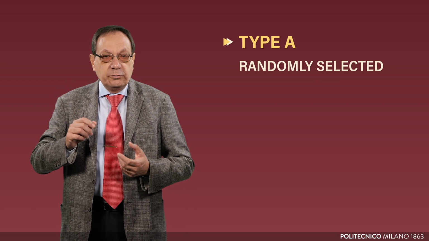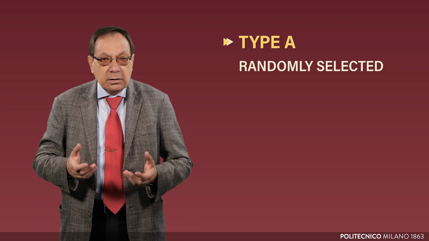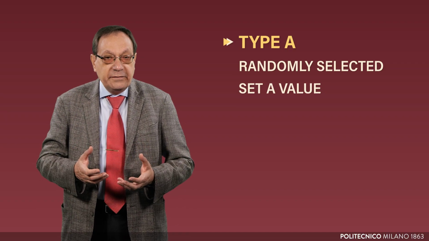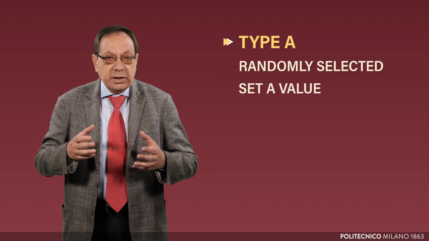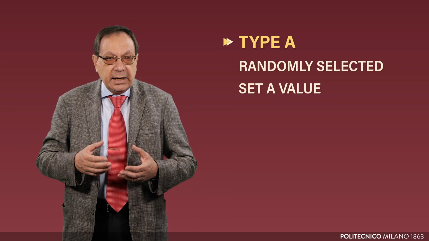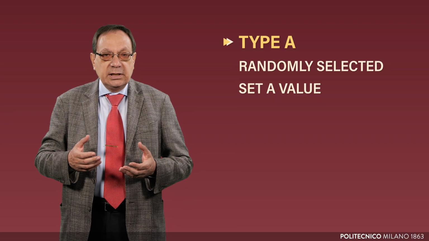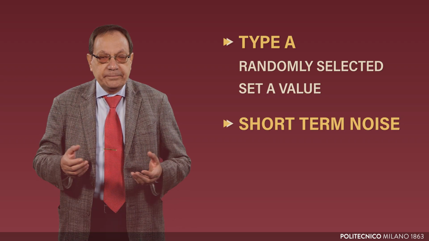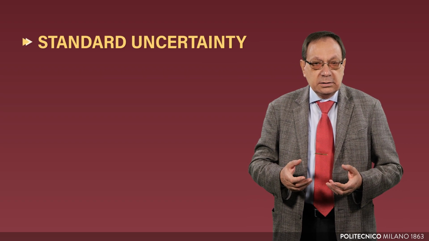When we used the type A method on this same instrument, it was as if we had randomly selected one instrument from all of those produced and fixed a value for the influence quantities within the specified range. The variations in the results obtained in this case are typically generated by short-term noise. To summarize, we have completed the analysis of the methods recommended by the GAM for evaluating the standard uncertainty.